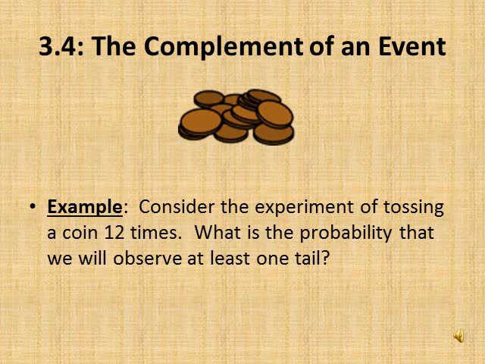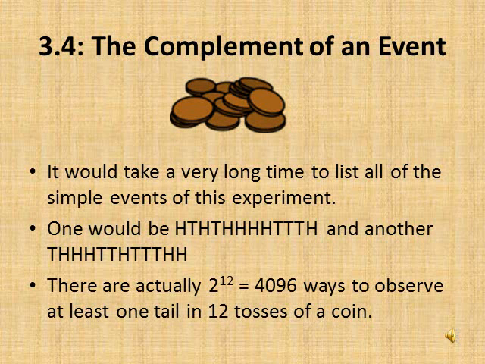For our next example, consider the experiment of tossing a coin 12 times. What is the probability that we will observe at least one tail? It would take a very long time to list all of the simple events of this experiment.